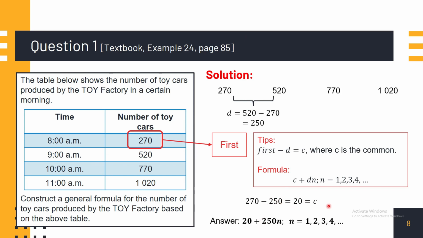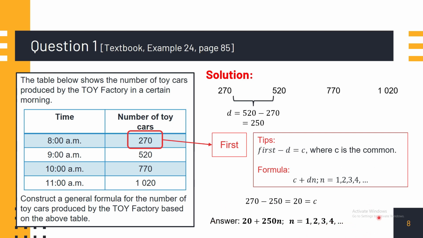Then we insert these values into the formula, and the final answer is 20 plus 250n, where n equals 1, 2, 3, 4, and so on.